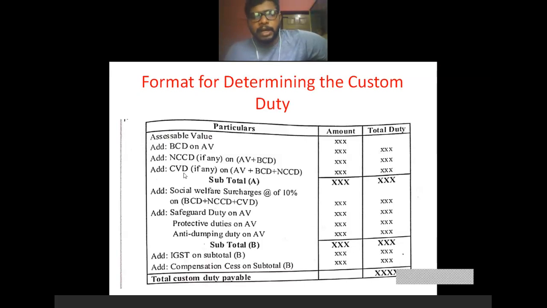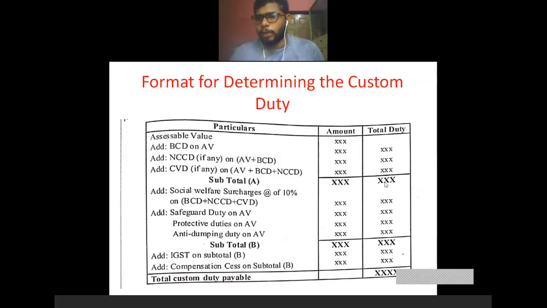Then countervailing duty or additional custom duty, if given in the problem, you calculate on assessable value plus basic custom duty plus NCCD. Everything you have to add, then calculate. Then you will get the total of A.